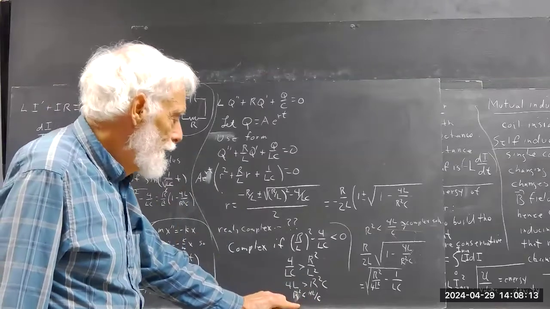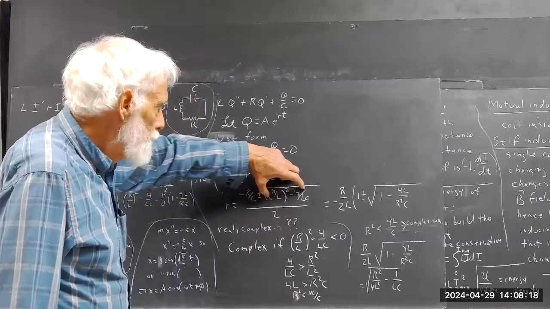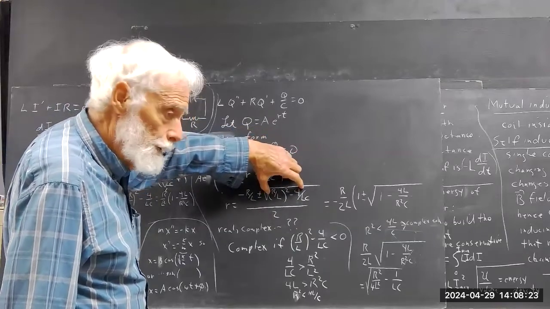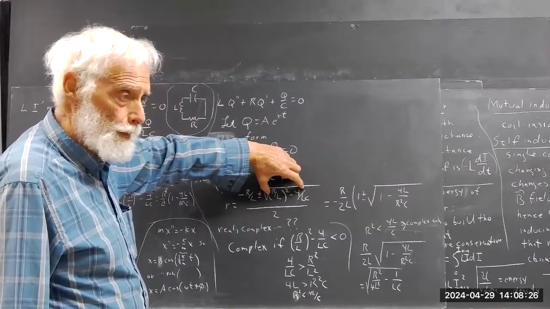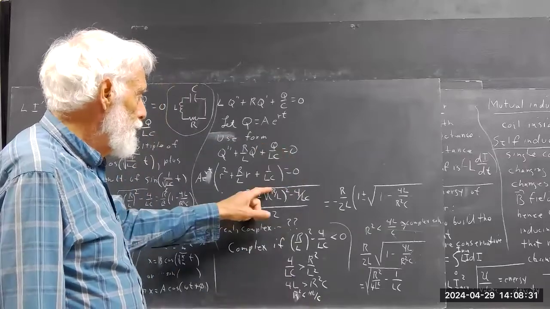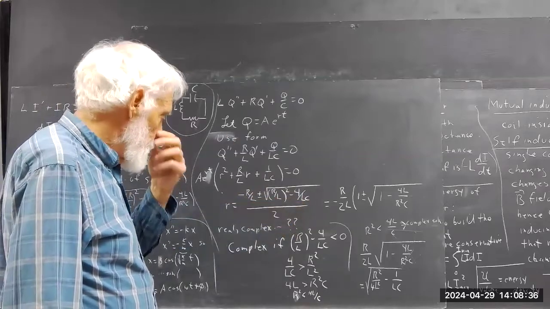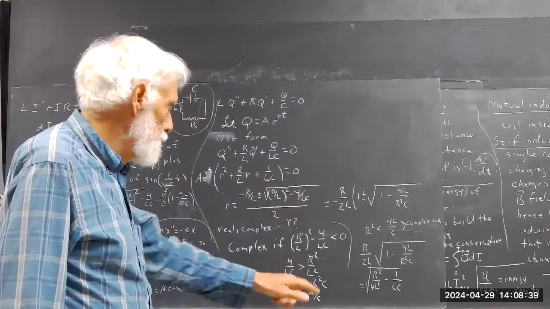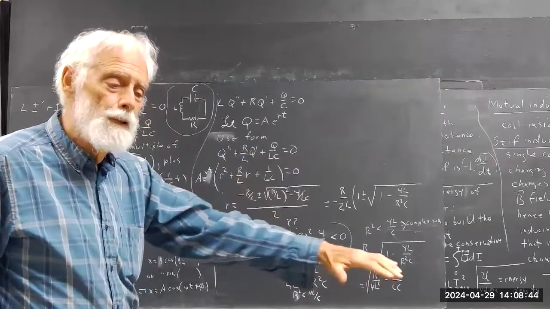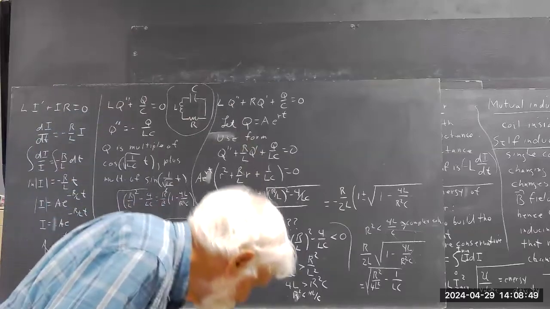That's the limiting value at which this discriminant goes from positive to negative or negative to positive. If R squared is less than 4L over C, that means this term is small and this term is going to dominate and this term is negative. Okay. If R squared is greater than 4L over C, well, that's big enough to make this positive and give you an overdamped system.